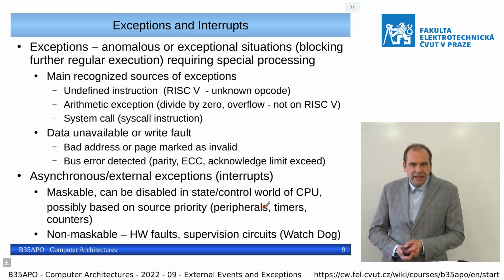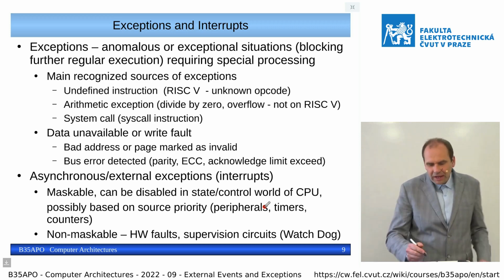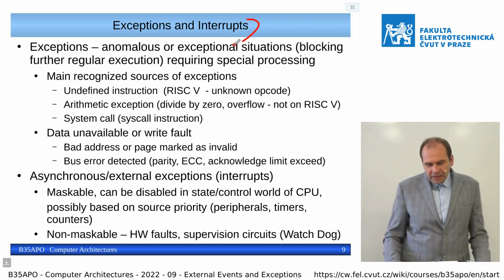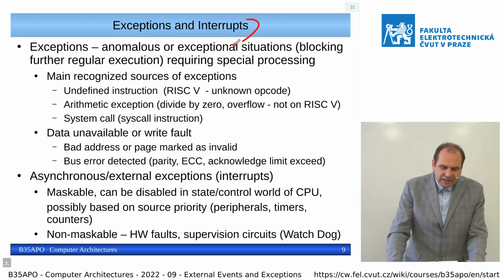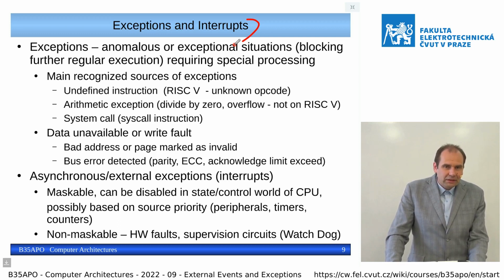So again, we try to classify those mechanisms. You can find that the terms exception and interrupt are quite often mixed on this level. Okay, you know exception on the computer language level, it is different or connected, but a little different topic.